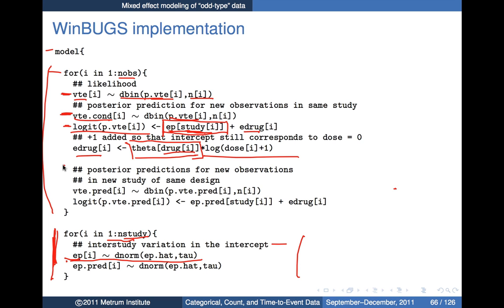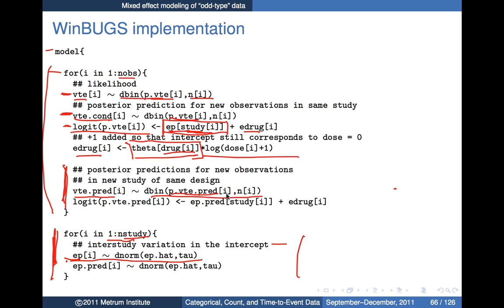Then what's down here in this group of lines at the bottom of our observation loop is a little bit different. This thing I call VTE pred. Well, the right hand side again looks very similar to our likelihood, except notice I've got a different name here where I have, instead of just p.vte, it's p.vte.pred, and this now is a simulated value of individual predictions.